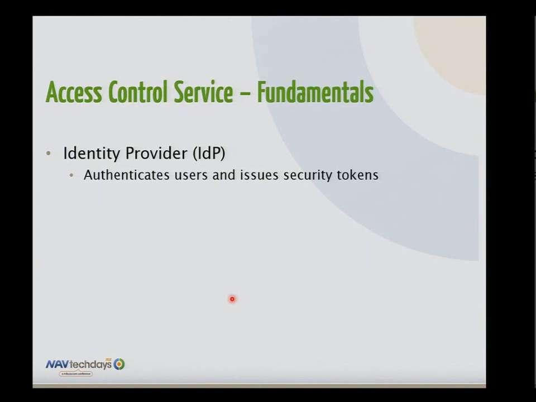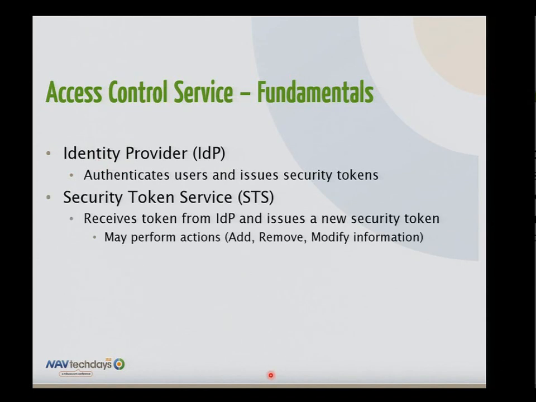This can be Live, for instance. If you trust Live ID, then you have a Live ID account with mail and maybe a share somewhere, and you have the ability to log into Live and let Live authenticate you and send you back this security token, which can be used elsewhere. So that's the identity provider.